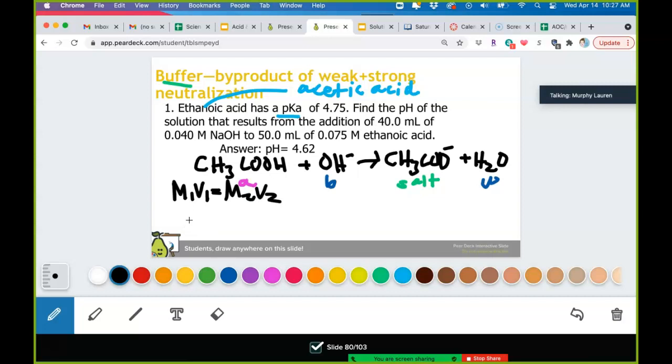It looks like the base is given first. 0.040, 40 of it. The new volume should be 90 because 40 plus 50 is 90. And then you do it again for the acid.